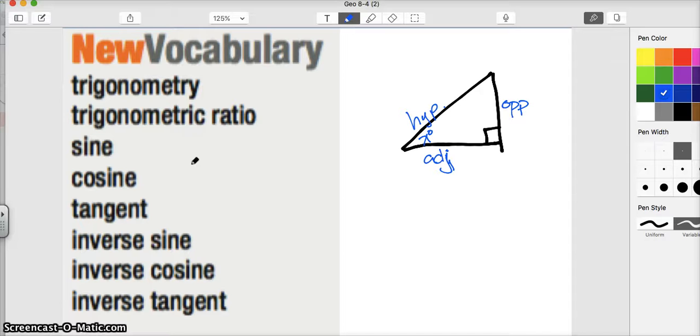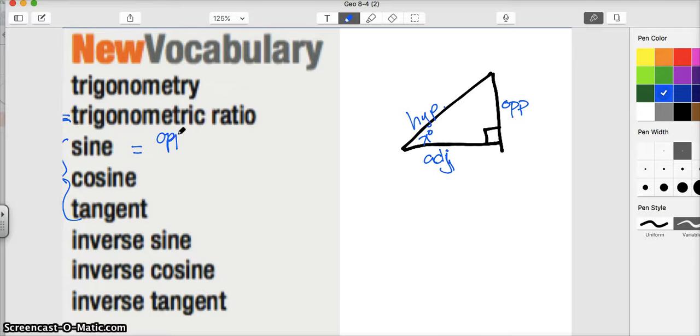So I can say that the sine function, which is one of the three major, or more common, trigonometric ratios. There are three other ones that are not as common. So the sine would be, if I stand at this angle, the relationship of the opposite over the hypotenuse.